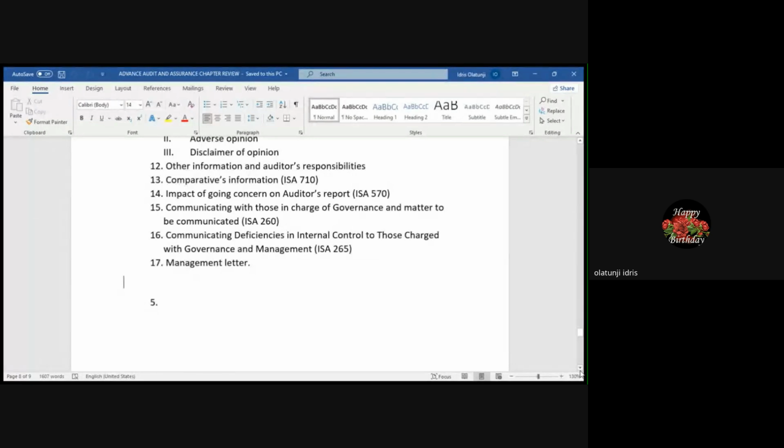So these are the reasons for emphasis of matter, and as for the other matter paragraphs, you just present it. I hope you understand it.